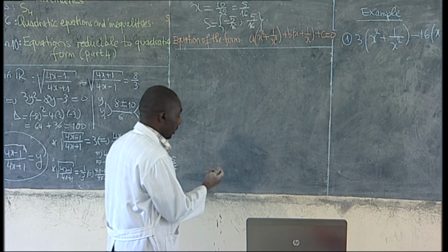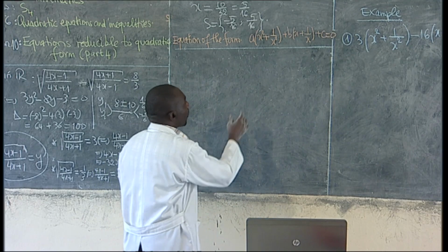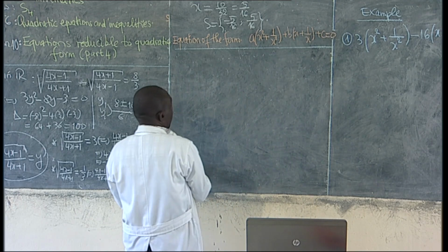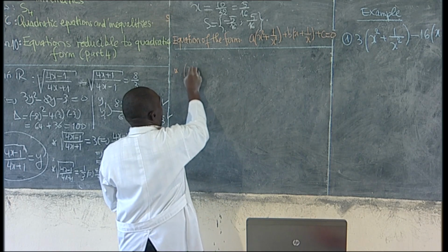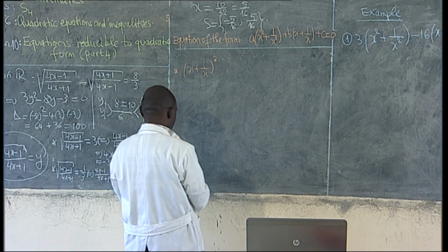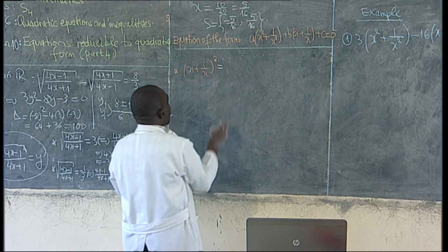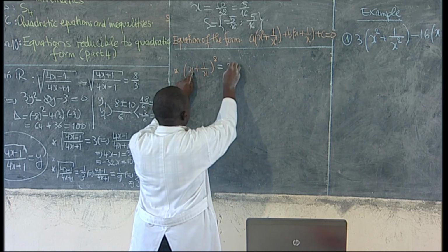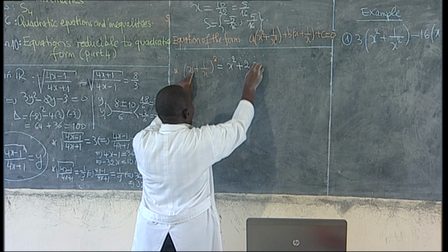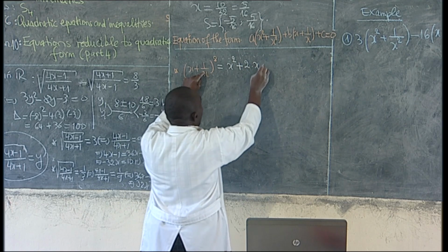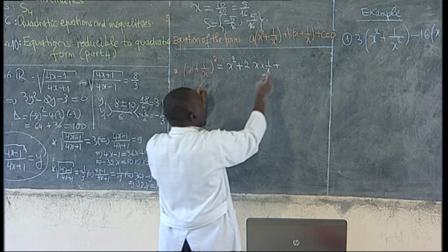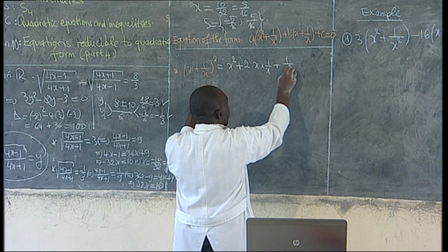Follow me on the chalkboard. Let me try to expand this expression, x plus 1 divided by x, squared. This can be written as x squared plus 2 times x times 1 divided by x, then plus the second expression squared, 1 divided by x squared.